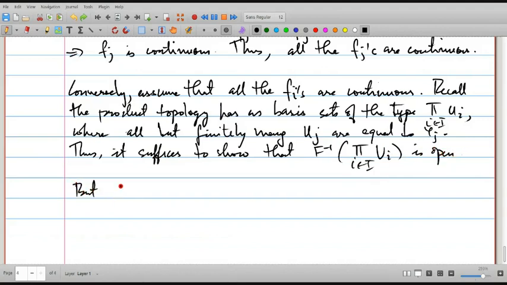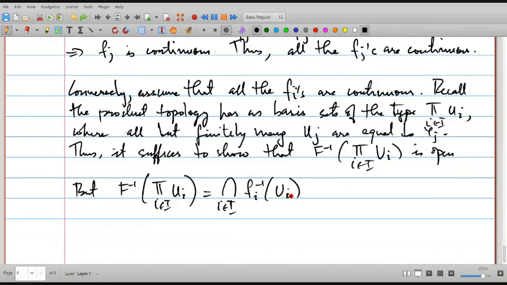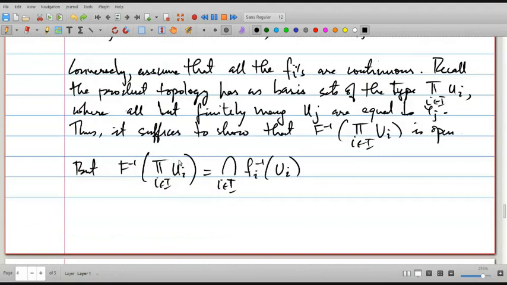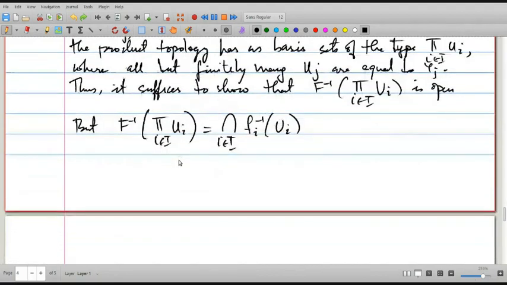But now it is a trivial check that F inverse of this product is equal to the intersection over i in I of f_i inverse of U_i. So only finitely many of these U_j's are not equal to Y_j's.